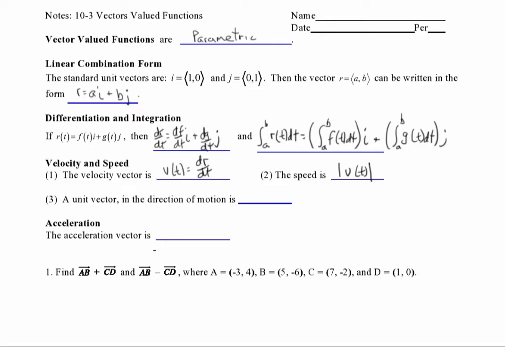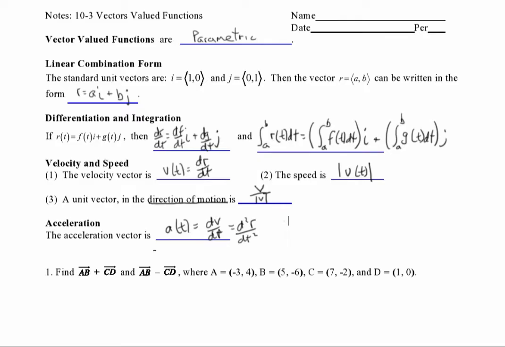And the unit vector, which is the direction of motion, has a unit length of 1 and goes in the direction we want, and it's the same as we had before, so it's v over the magnitude of v. And then the acceleration vector, we can write this a couple of ways, just like we've done all year long. We have dv/dt, or we can write it as the second derivative of r with respect to time.